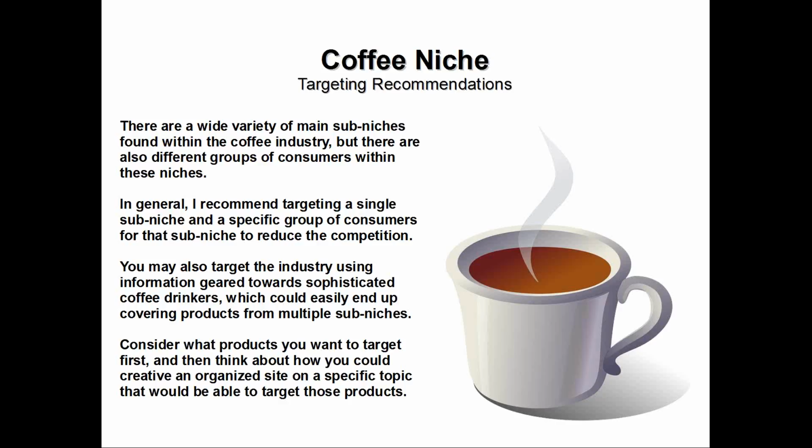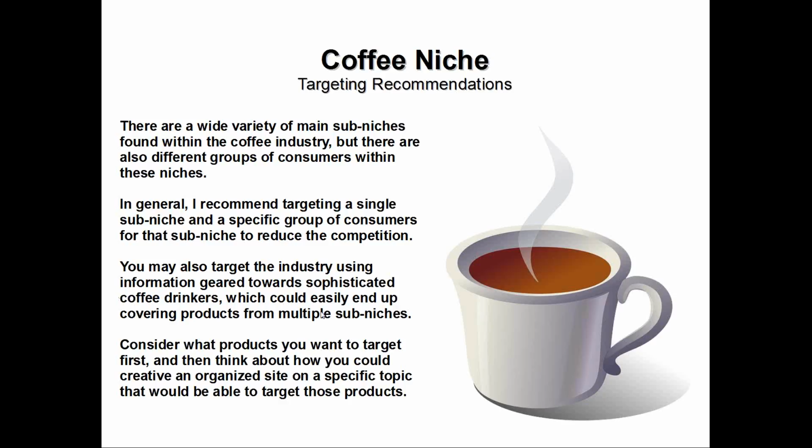So there are some situations where you may be going after multiple sub-niches of products, but ultimately your website is still centered around one single idea, one main topic. And in this case, that would be that information geared towards those sophisticated coffee drinkers.